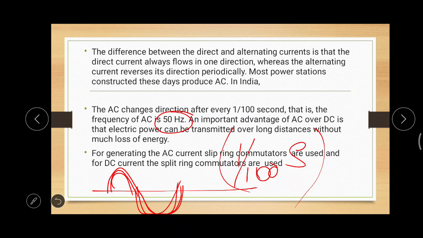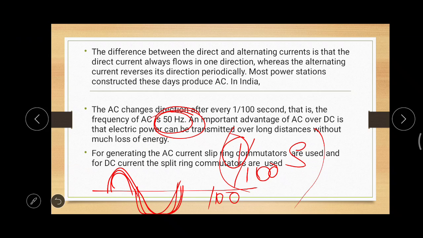So how many times is the polarity changing? 100 times. And 50 hertz means the number of waves passing through one point in 1 second. So the time required is 1 second for a total of 50 hertz.